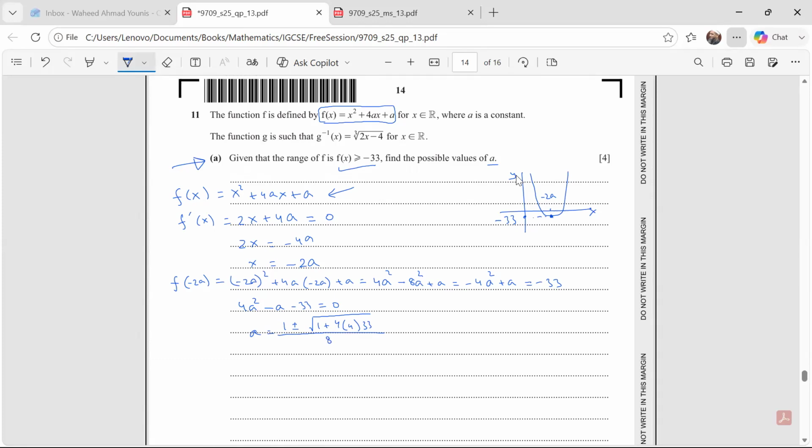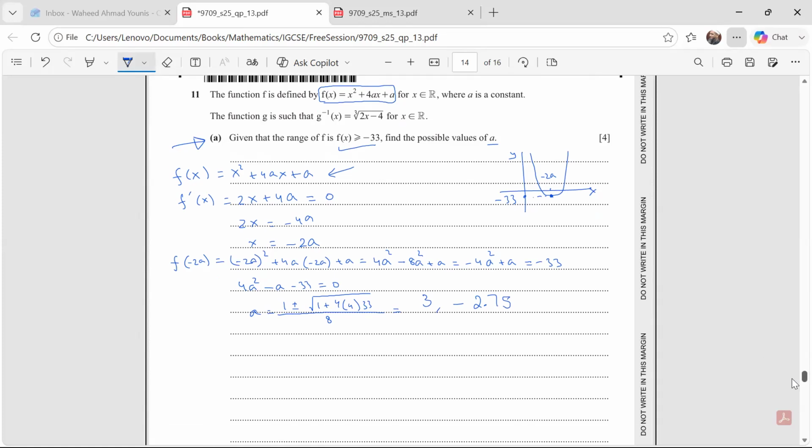When we simplify this, it gives us two values. One is 3 and the other one is negative 2.7875. So these are the two possible values of a which will give us this range. I hope it's clear. Now let's move on to the second part of this problem.